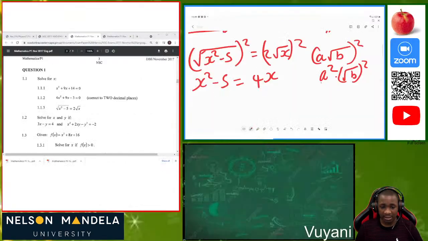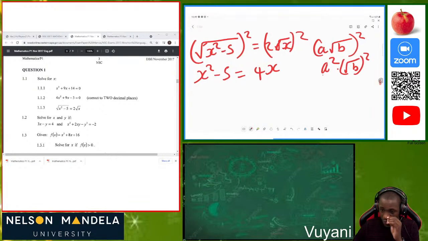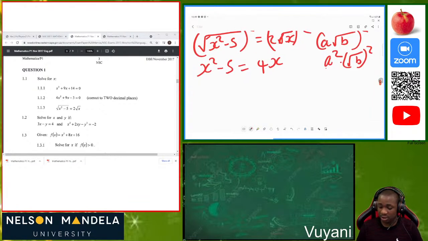So the square is affecting everything inside the bracket. When we square this side, it's going to be 2 squared times root of x squared. Now we're going to have 4x, because 2 squared is 4. Then we can solve now.